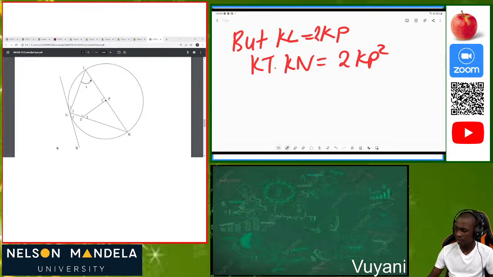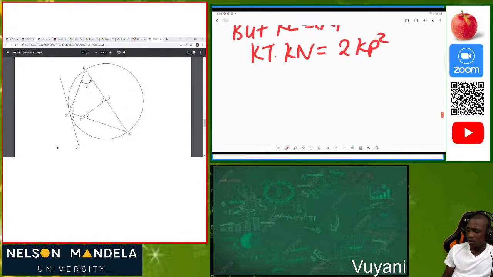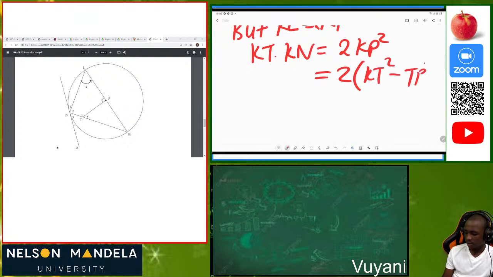We can also see that KT times KN is equal to 2KP squared, and KP squared can be expressed by Pythagoras theorem as KT squared minus TP squared, so that you get the outcome which you wanted.